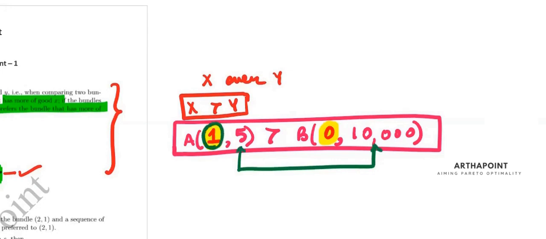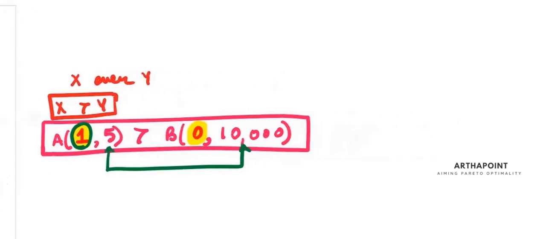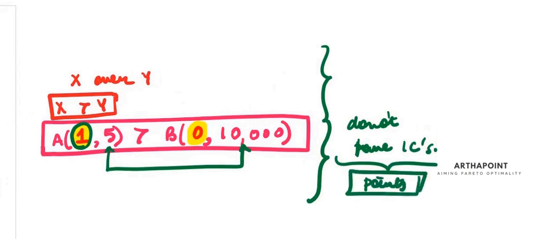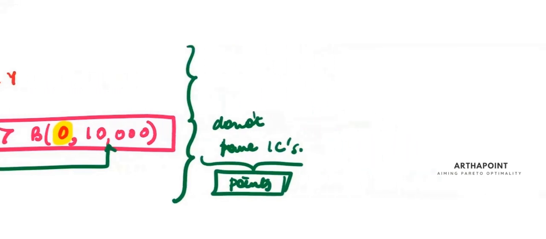Now, in case of lexicographic preferences, we do not have indifference curves. All we have are individual points. Each point represents a different level of utility.